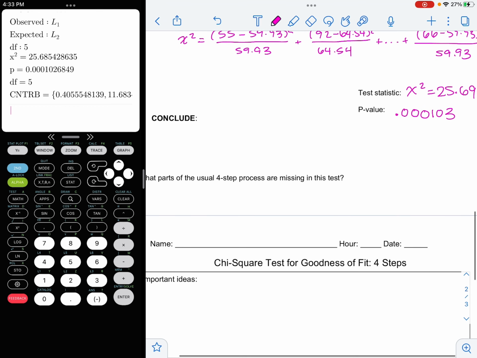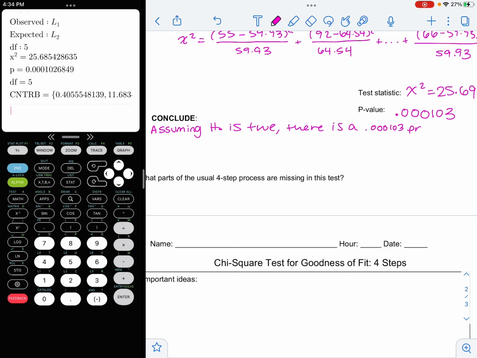The conclusion has two parts, could potentially have three. The first part being interpretation of the p-value. And so when I interpret p, that is assuming the null is true, there is a 0.000103 probability of getting, and now this part is a little bit different.